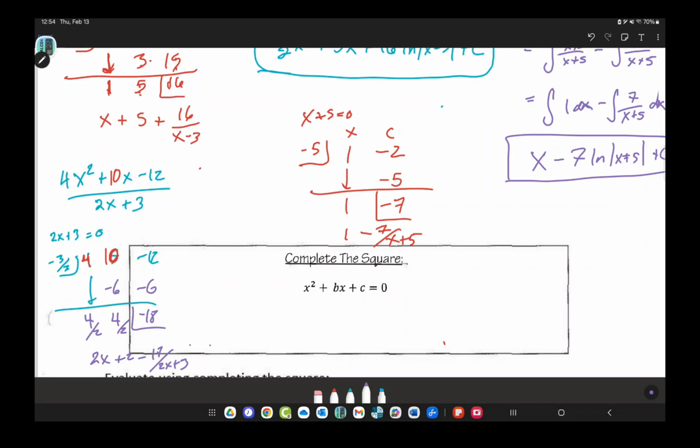Now, do you want to know why? How do we get to the negative 3 halves in the denominator? What I did was I rewrote this as x plus 3 halves by factoring out a 2. Can I just divide the denominator by 2 and not the numerator at the same time?